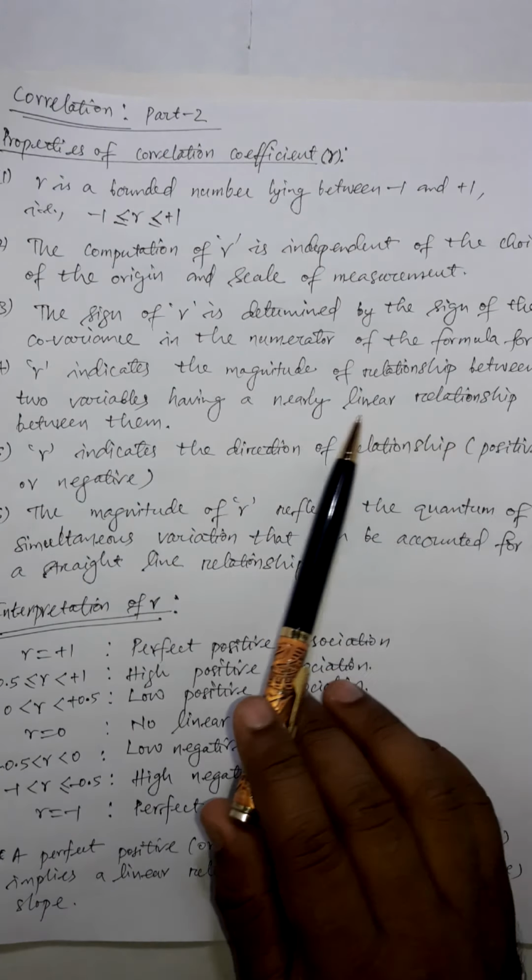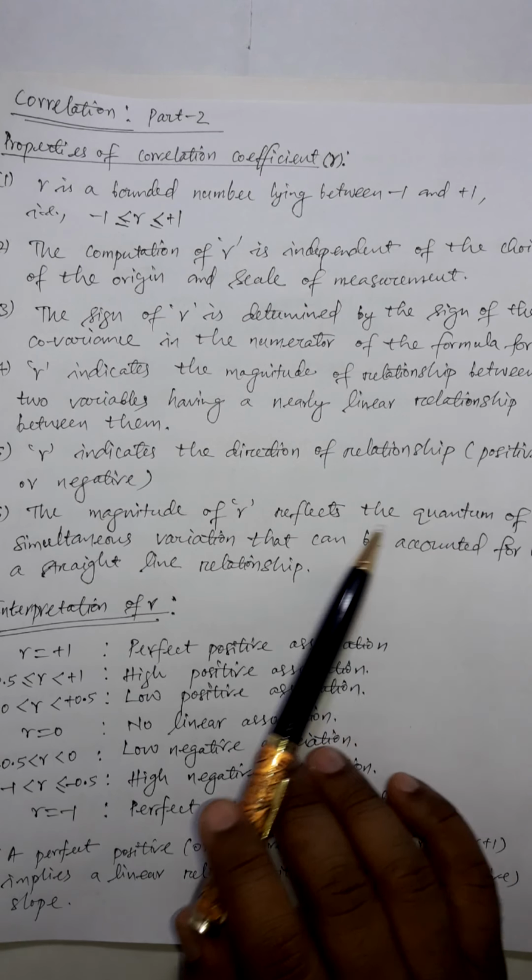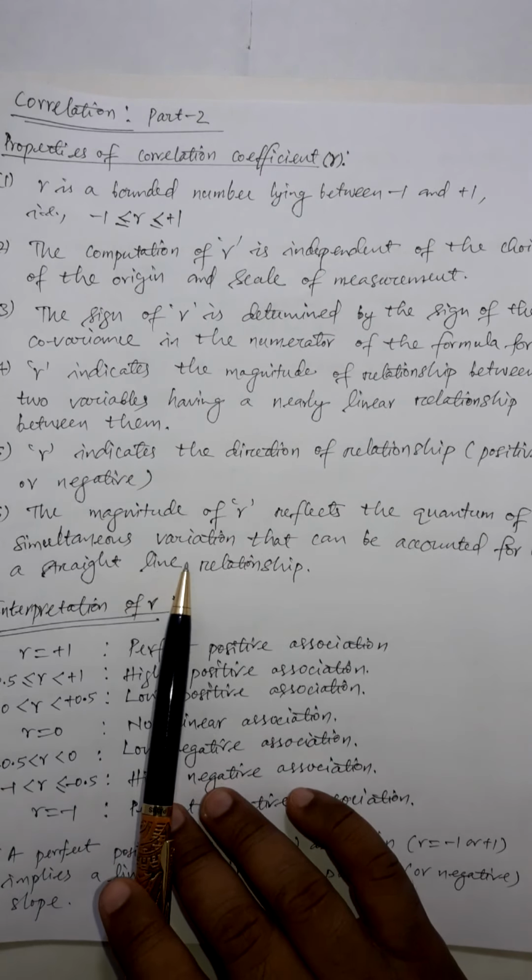The sixth property says that the magnitude of the coefficient of correlation reflects the quantum of simultaneous variations that can be accounted for by a straight line relationship.